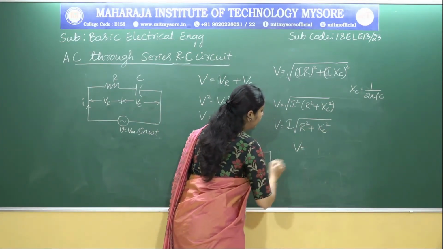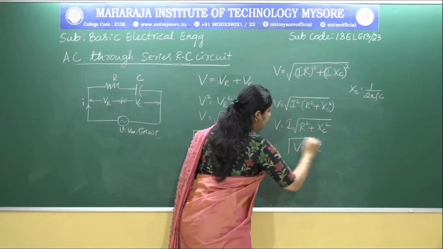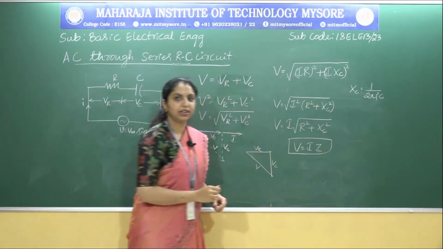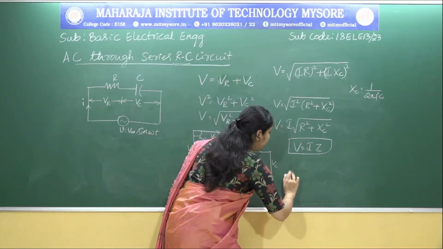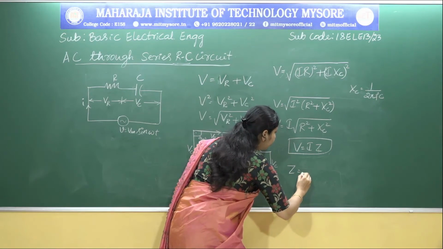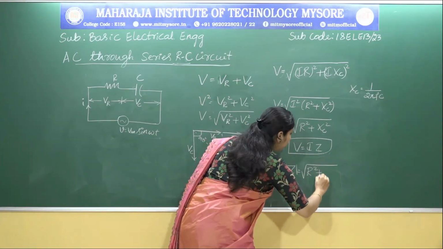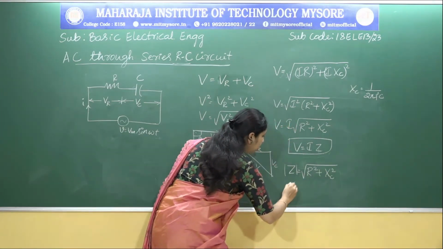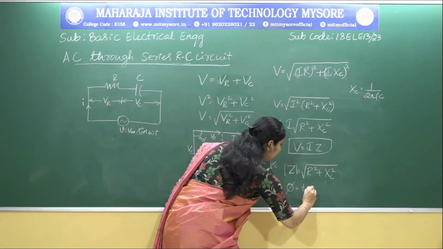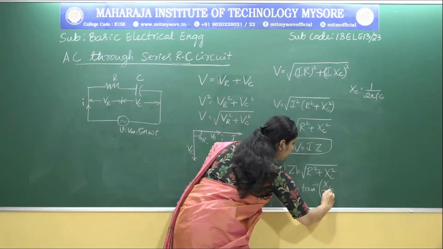Finally we can have this expression as I into Z, where Z is the impedance, and the magnitude Z is equal to the square root of R square plus XC square, and phi is equal to tan inverse of XC by R.